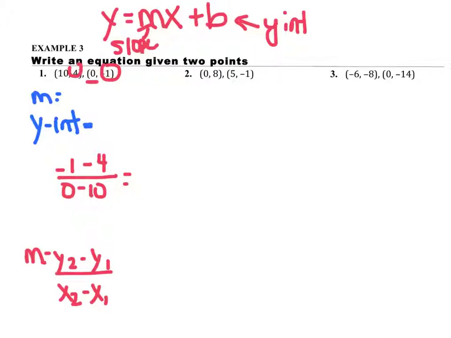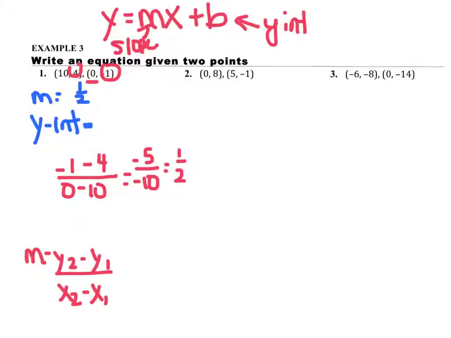Negative 1 minus 4 gives me a negative 5, and 0 minus 10 gives me a negative 10. So if I simplify that, these 2 negatives cancel and make a positive, and I'm going to have 5 all over 10. Well, then 5 all over 10 can be simplified down to 1/2. All right, so my slope is 1/2.